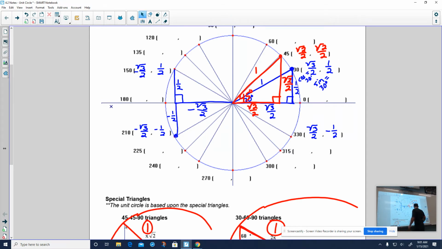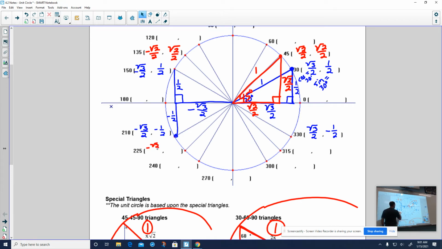All right, so we could go ahead and fill in all the 45-degree multiples all the way around here. So flipping that over, 135, I would have a negative x value and a positive y value. So it would be negative square root of 2 over 2, and then square root of 2 over 2, and then I could flip that down here. Go ahead and just run it around.